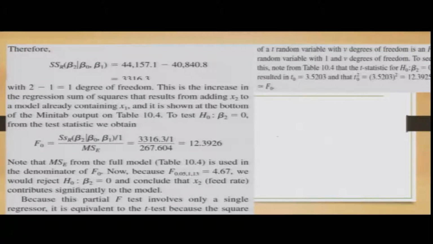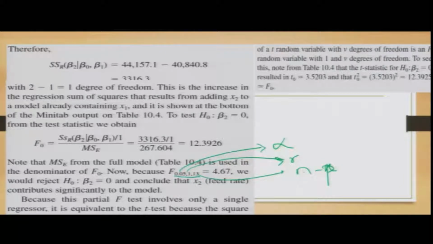Once you find the f statistic, based on which you will pass a judgment whether f naught is greater or smaller, the critical value is 4.67. If you note these values, this is alpha, this is the degrees of freedom r, and this is n minus p.